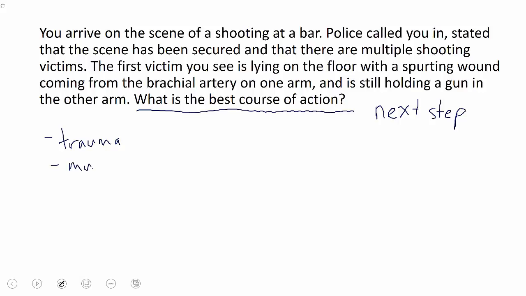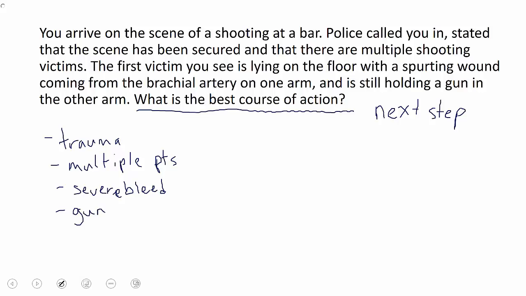So, multiple patients is what I would think about next. The first victim you see is lying on the floor with a spurting wound coming from the brachial artery on one arm. So we have severe bleeding. All right, and they're still holding a gun in the other arm.